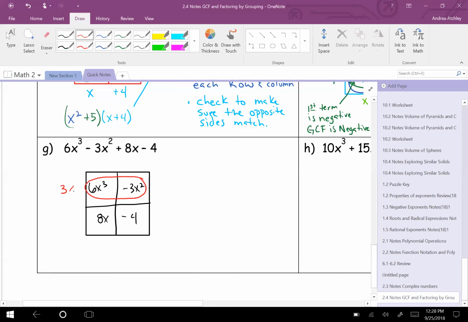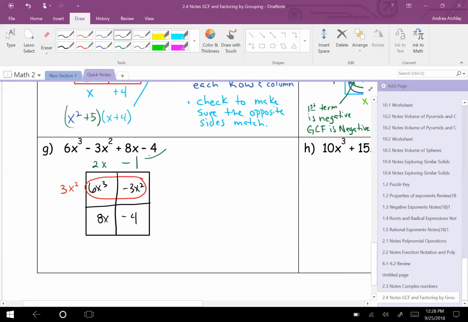X squared. Okay. And then I'm going to divide this. 6 can go in there 2 times, and then x. And then 3 divided by 3, and x squared. Okay, what's negative 3 divided by 3? Negative 1. And then the x squareds will cancel out.